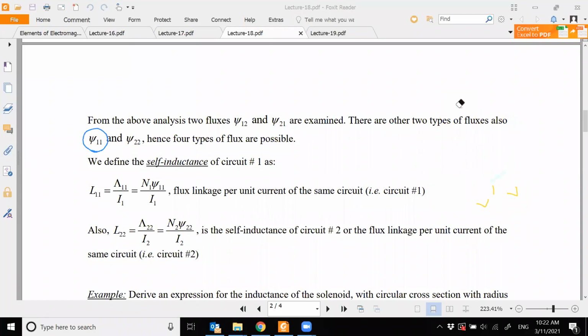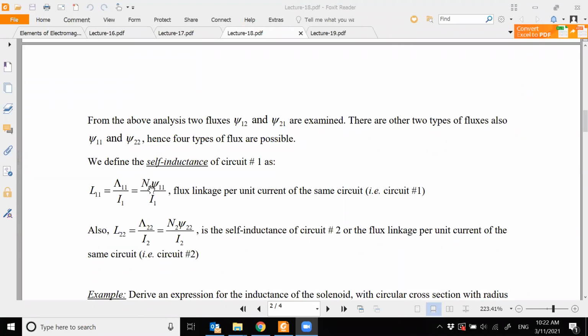And based on that, we can get two more proportionality constants. So L11 is flux linkage 11 over I1, and flux linkage N11 is nothing but N1 psi11 over I1. So what is this flux linkage 11?